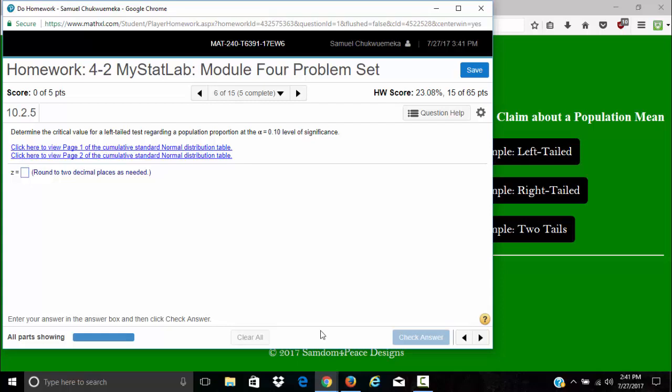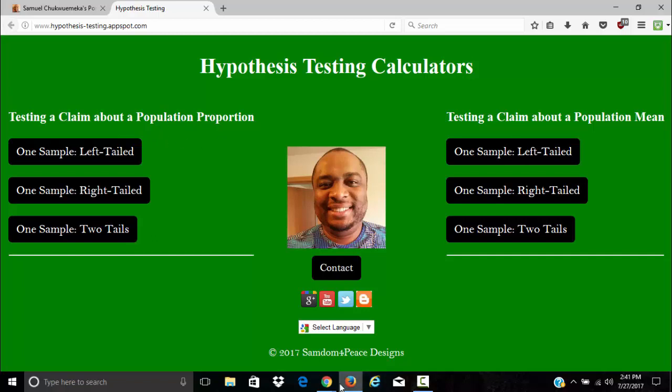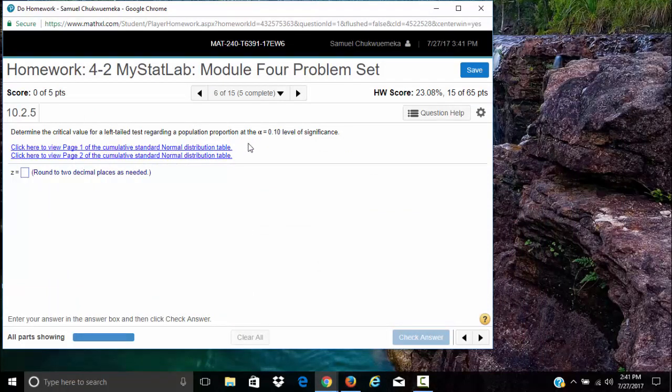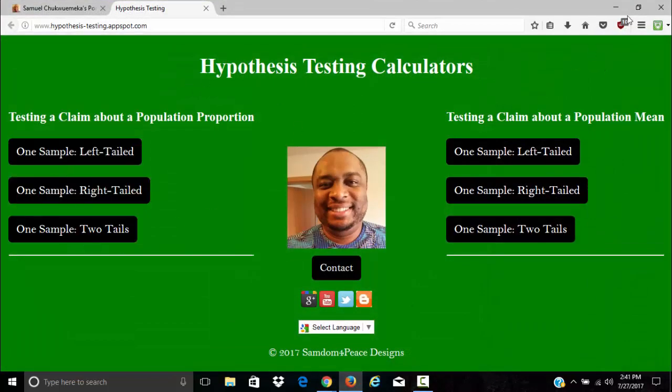We're going to just use alpha. So this is the calculator you will use. If you get to this calculator, testing a claim about a population proportion. And the question is a left-tailed test. So we're going to use one sample left-tailed.